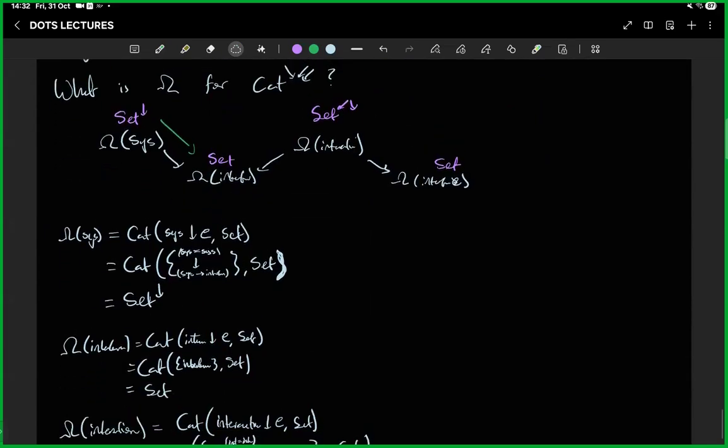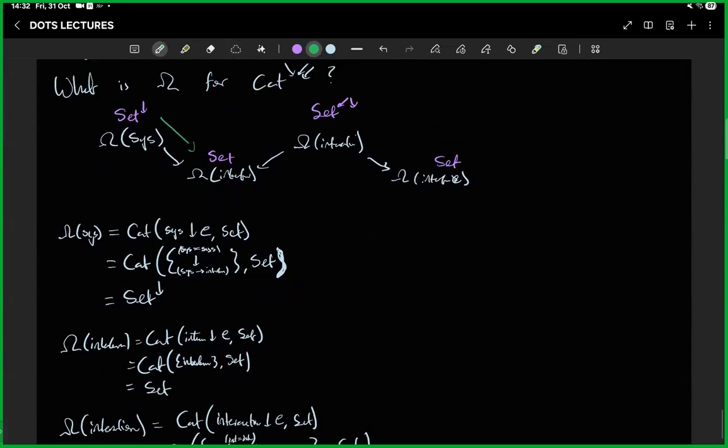So we take the map omega cis to omega interface, which is going to be given by our map cis to interface. And then that gives us a map from interface over C to cis over C.